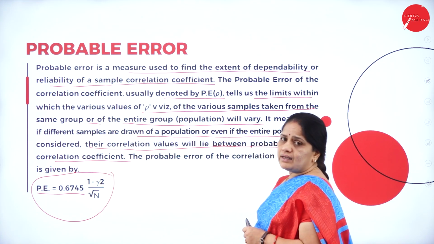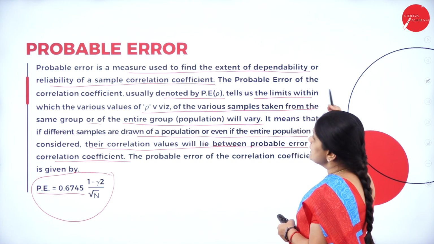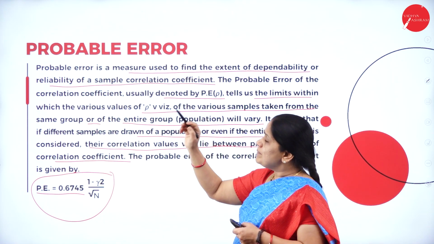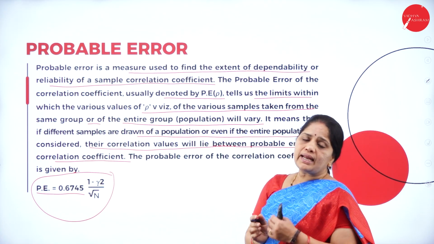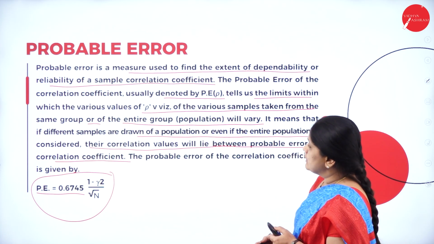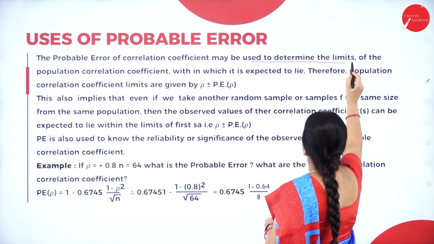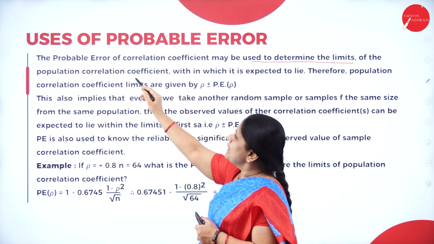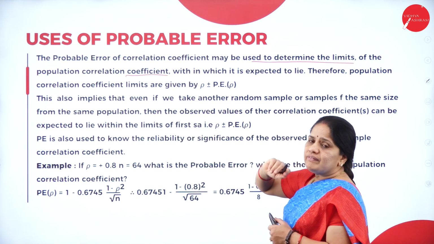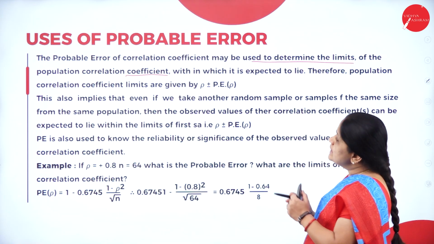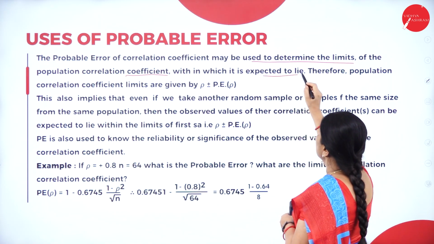So, what is this concept of probable error? It is used to find the extent of dependability or reliability of a sample correlation coefficient. So, how far you can rely on that particular sample. The probable error of the correlation coefficient may be used to determine the limits of the population correlation coefficient. With the help of probable error, we will be able to determine the limits within which the correlation coefficient is expected to lie.